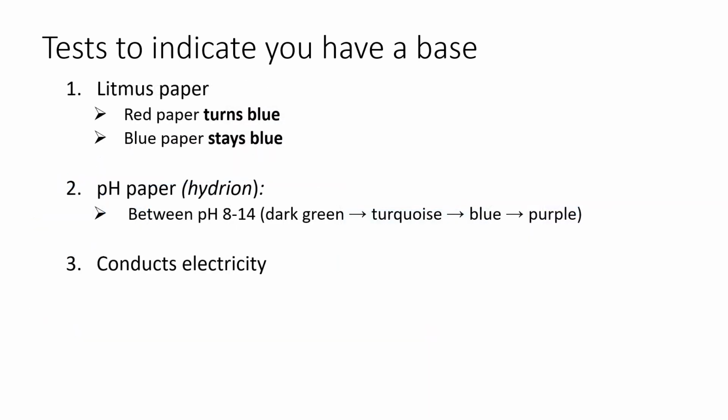So to recap, we have three key tests to indicate if we have a base. Our first test, and pretty much our most reliable test, and this basically tells us if we have an acid, a base, or a salt, or a neutral product, is our litmus paper. So our red litmus paper will turn blue. Our blue litmus paper will stay blue.